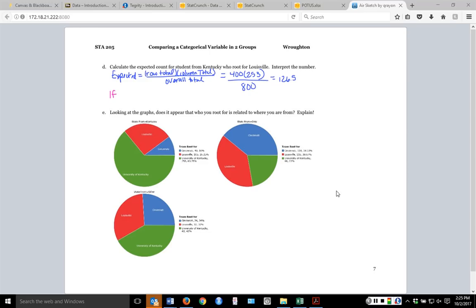Now to interpret it. So remember, the expected is assuming there's no relationship between them. So if where students are from has no impact on who they root for, we would expect to see 126.5 of our 400 students from Kentucky to root for Louisville.